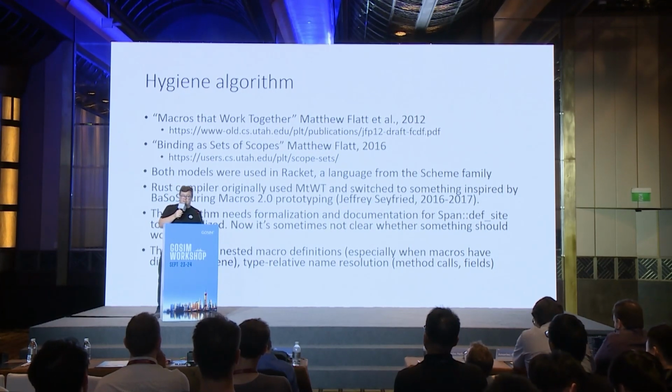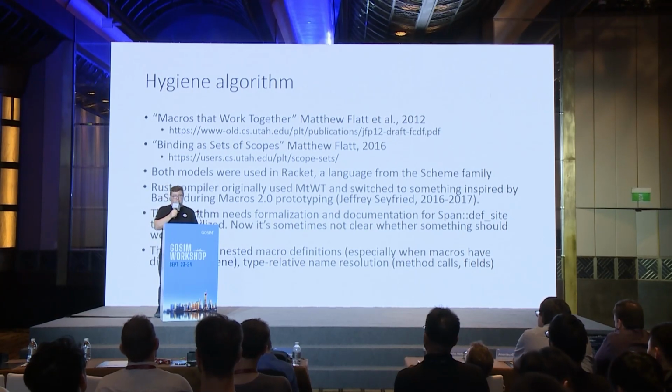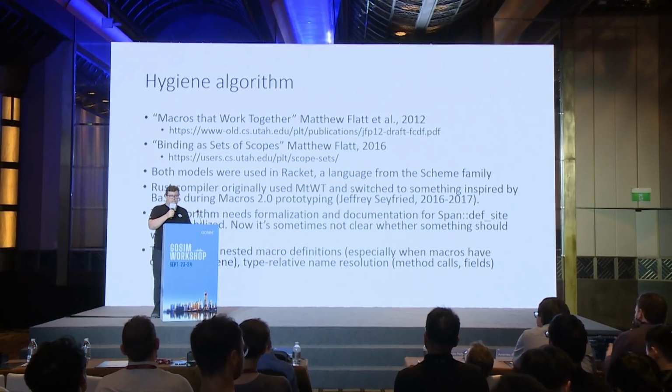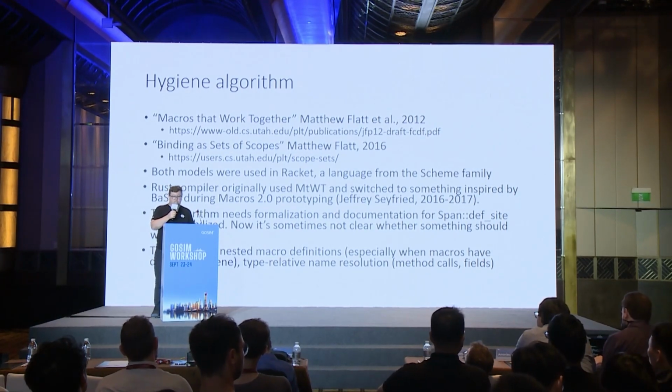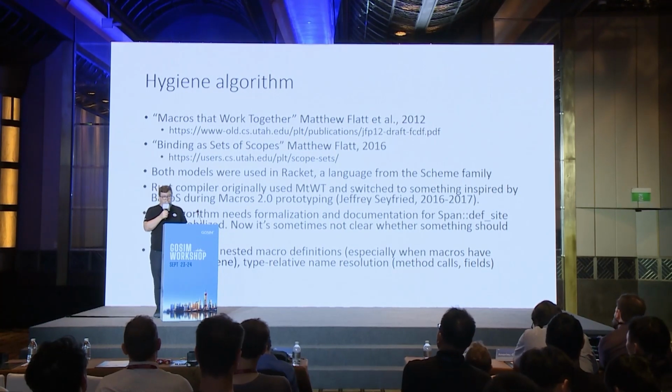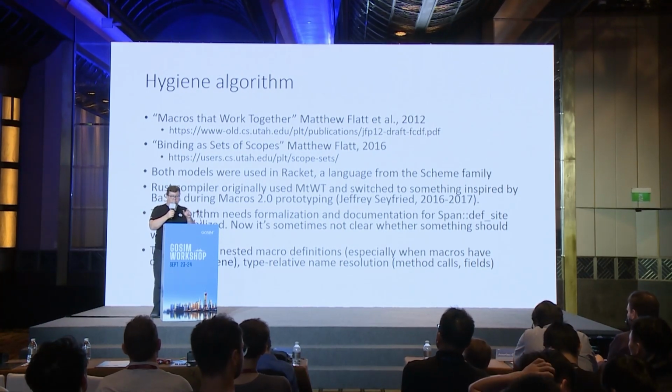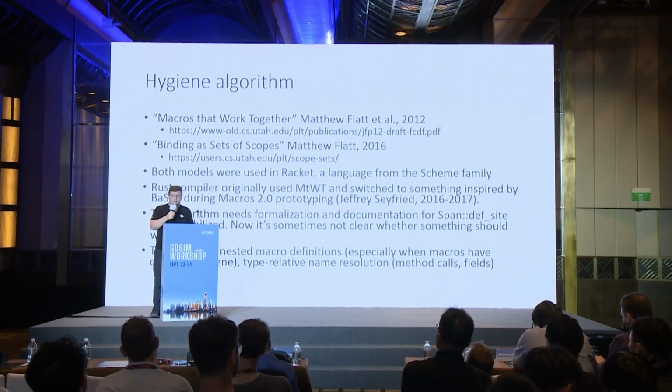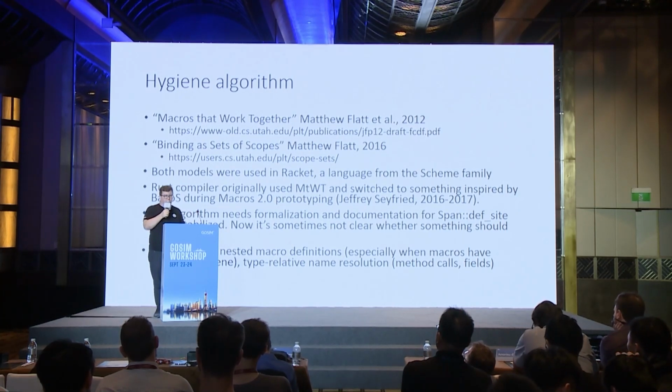For the span API to be stabilized, we need to formalize and document this system. Especially complex cases are nested macro definitions, especially with different hygiene, and type-relative name resolution, where it is harder to say what exactly is the definition and call side.